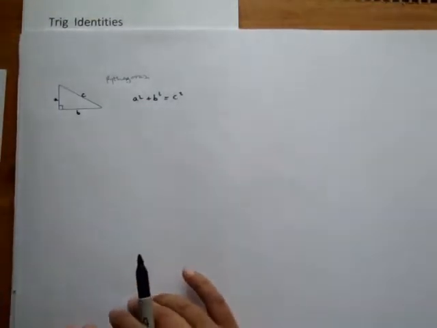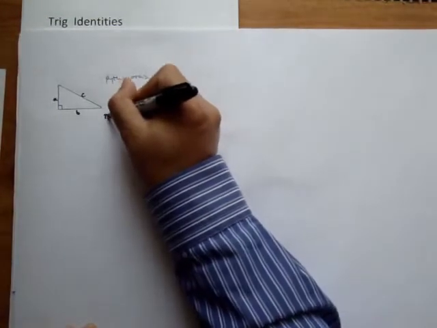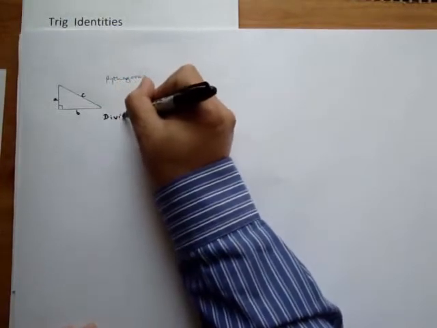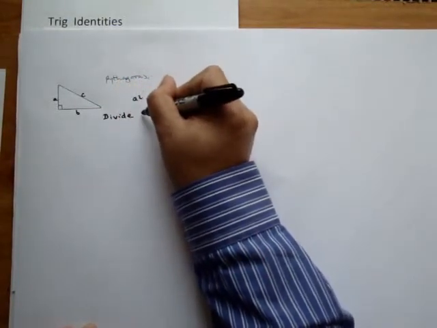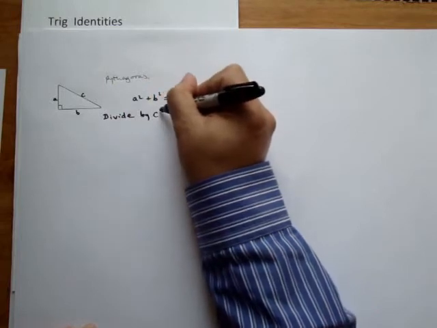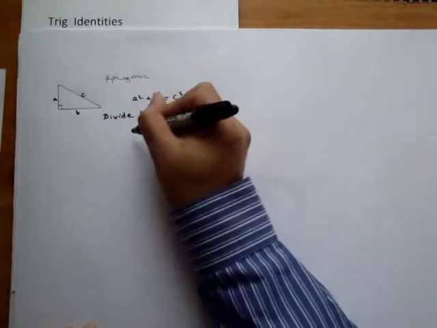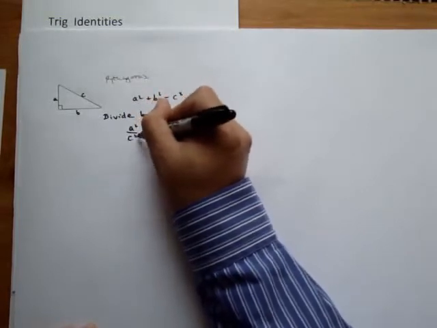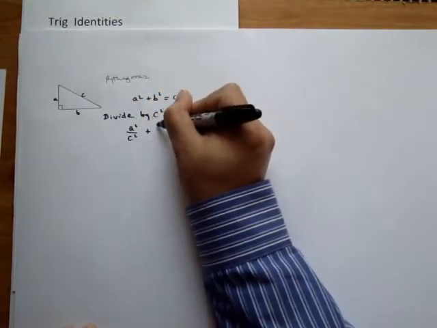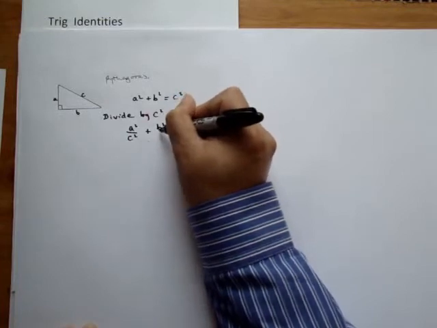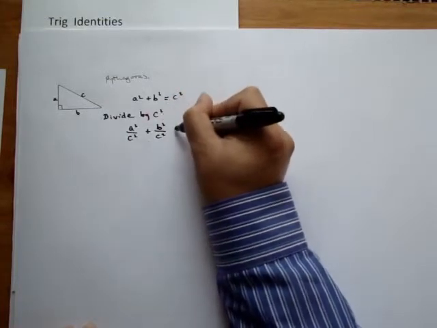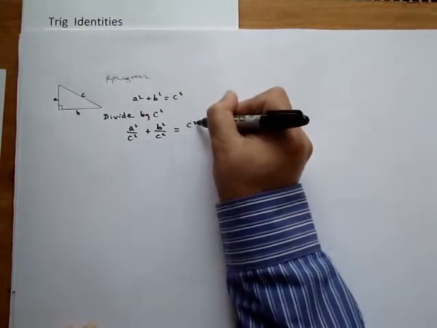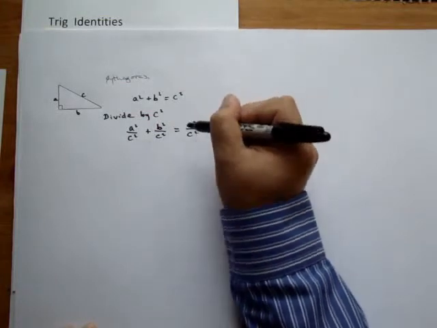If we divide this by C squared, we get A squared over C squared plus B squared over C squared equals C squared over C squared.